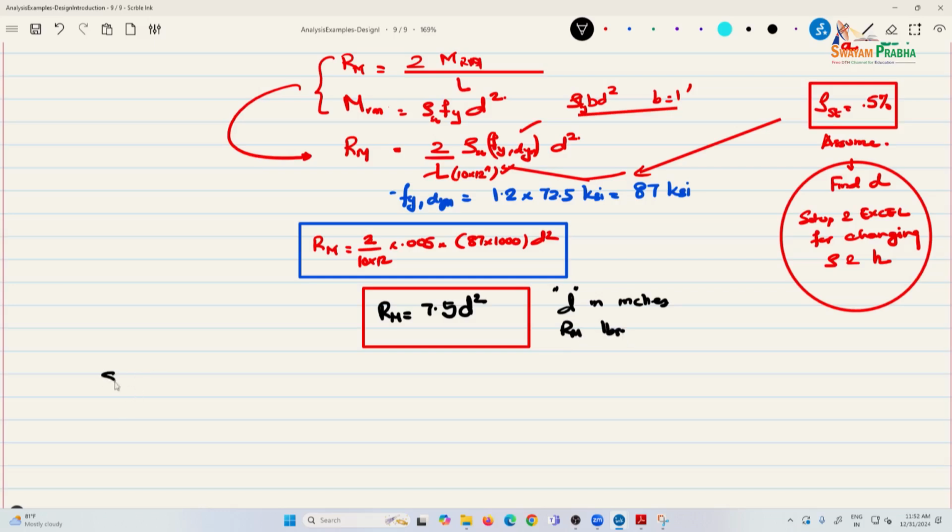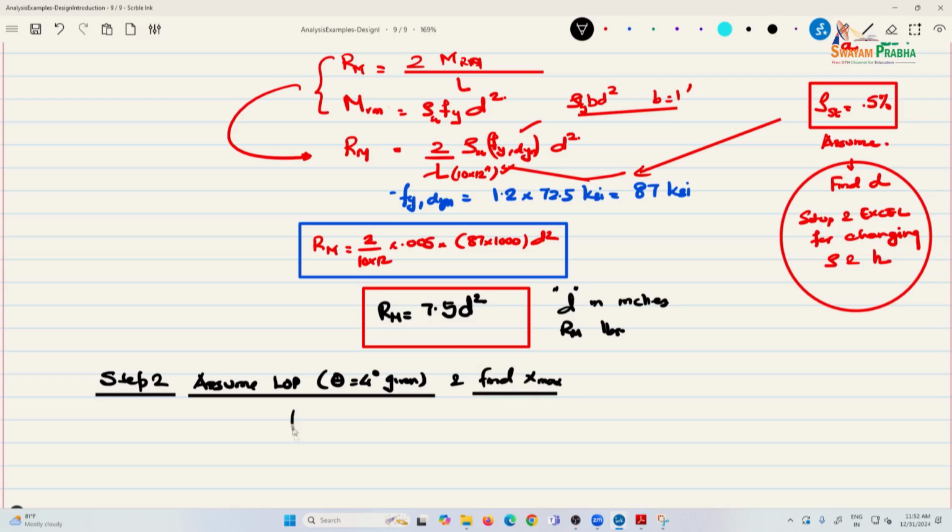Then second step is assume the LOP. Now in this case theta is equal to 4 degrees given. And find x max. So you want a medium level of protection.